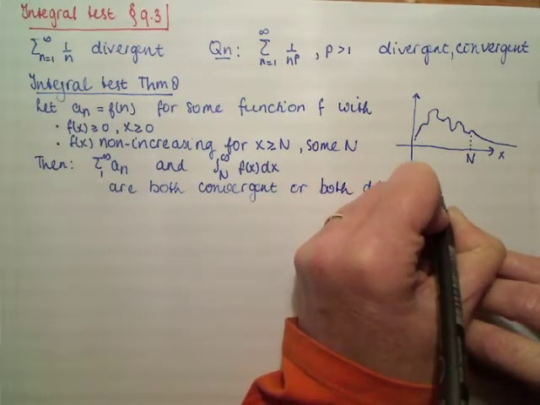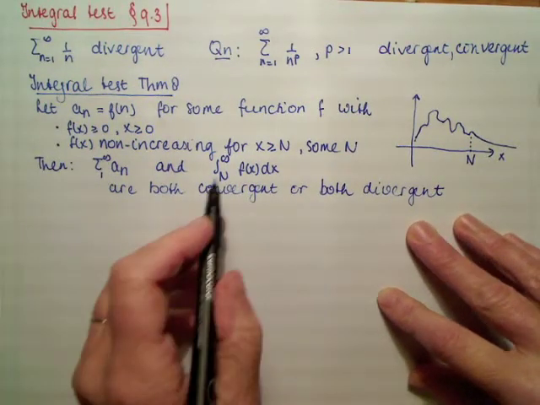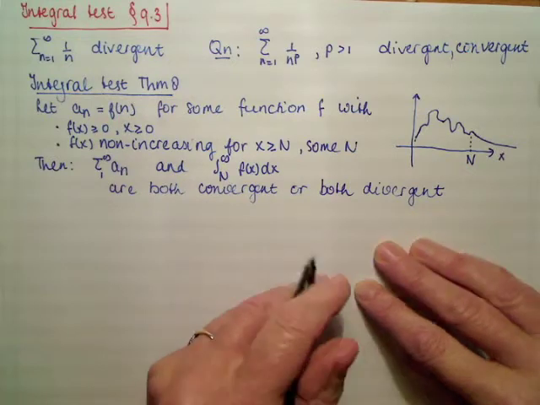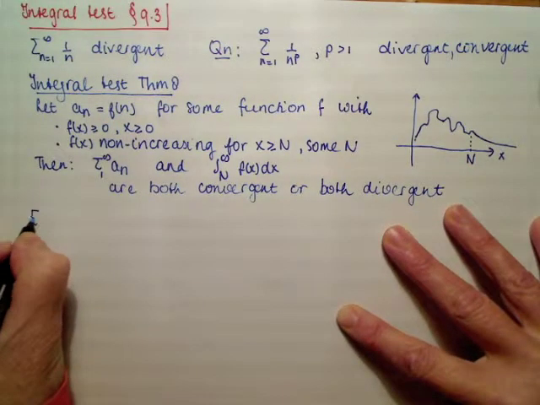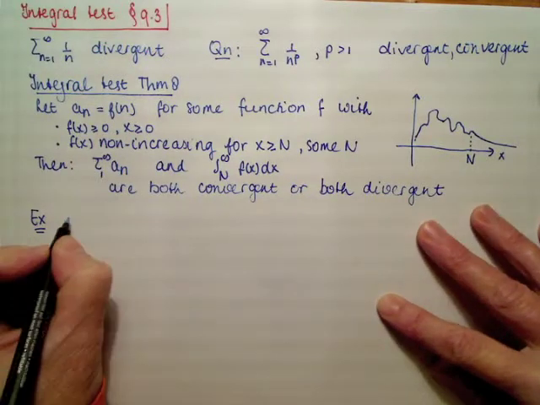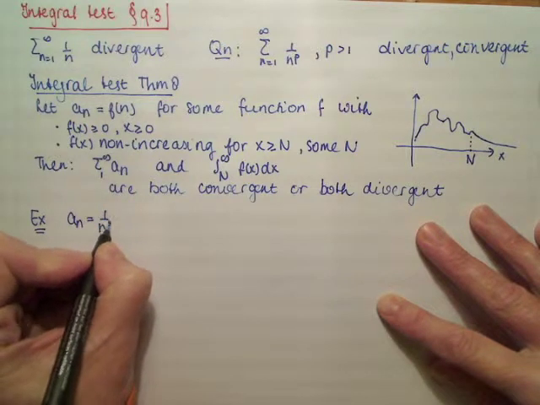So if we want to know something about the convergence of this series, we only have to check the convergence of the improper integral, and that is often much easier. And we will see this from the example of a_n being equal to 1 over n squared.